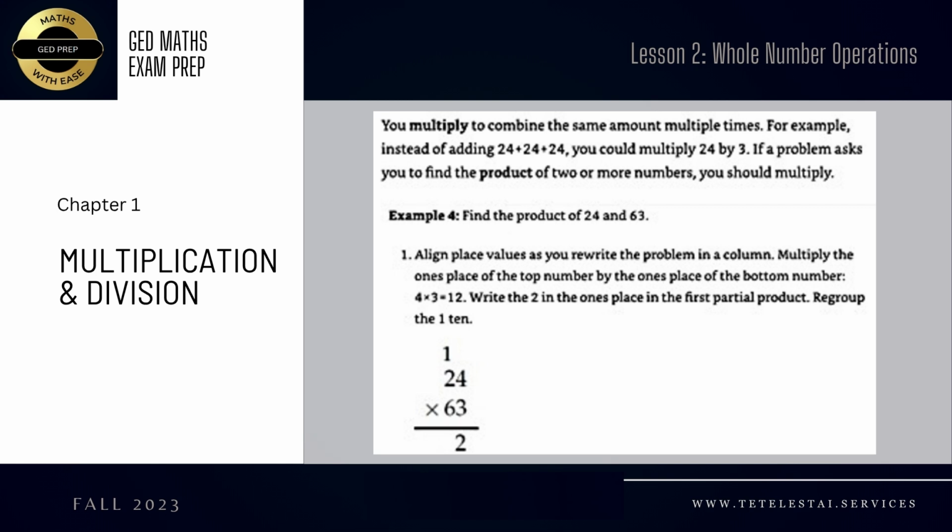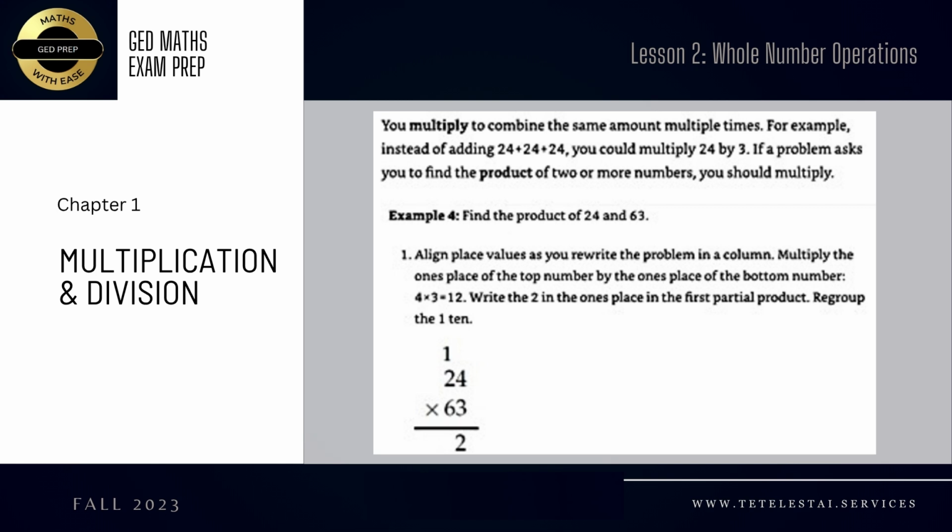So if you see a question that asks you to find the product of a group of numbers, you know that they're asking you to multiply the relevant numbers, okay? So in this example, we're asked to find the product of 24 and 63.